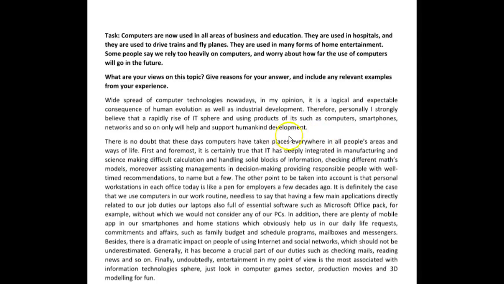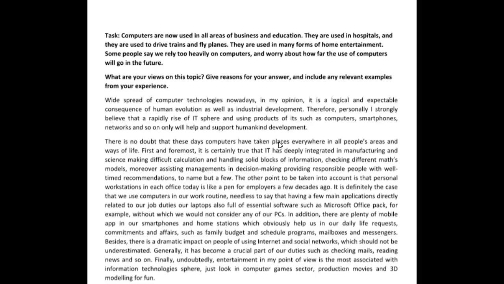But this is not accurate. In all people's areas, that also doesn't make sense. What do you mean by all people's areas? I think it would have just been better to say in all areas of life.